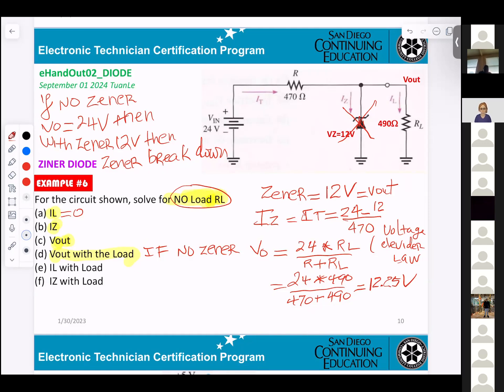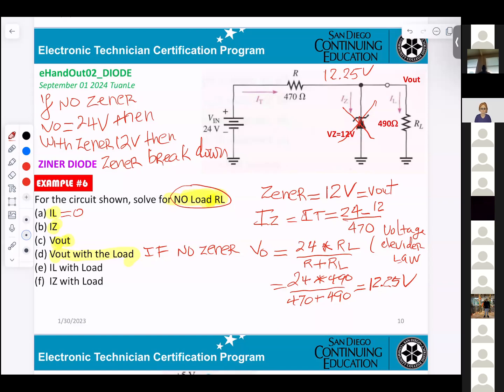That means without the zener, the voltage in here is 12.25. So is the zener diode in breakdown or not? Yes, it's lower.